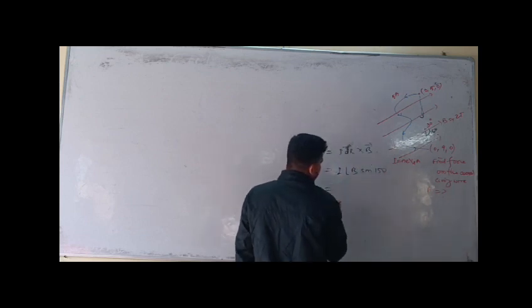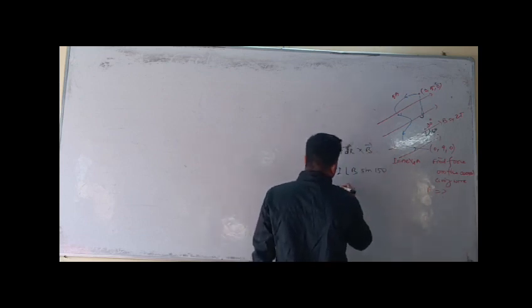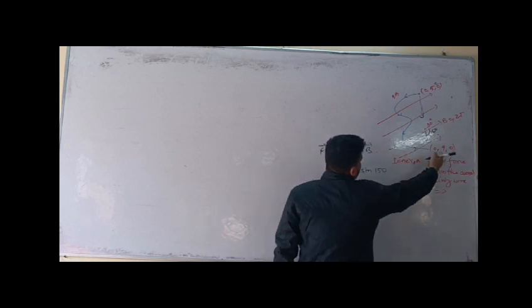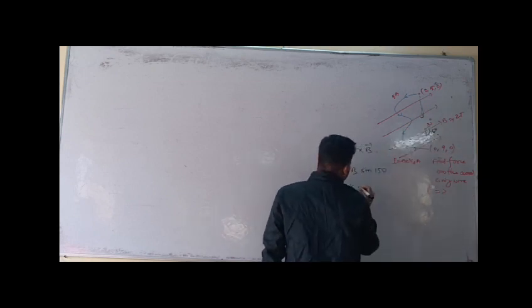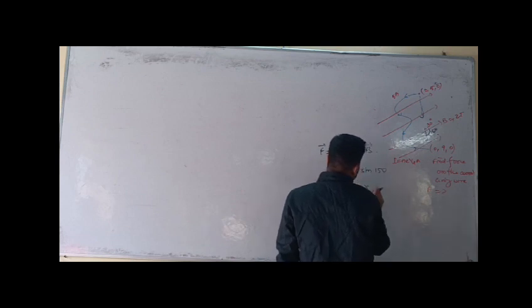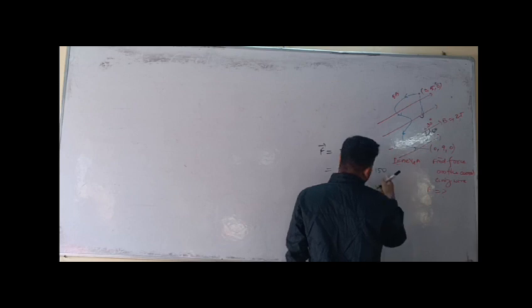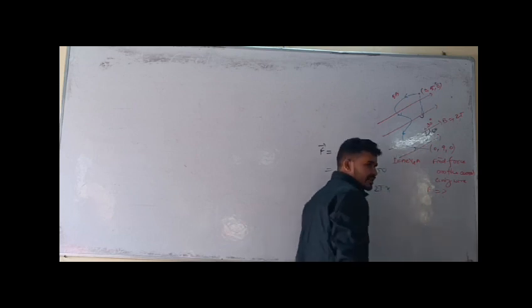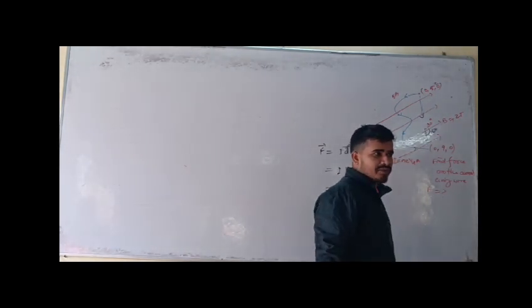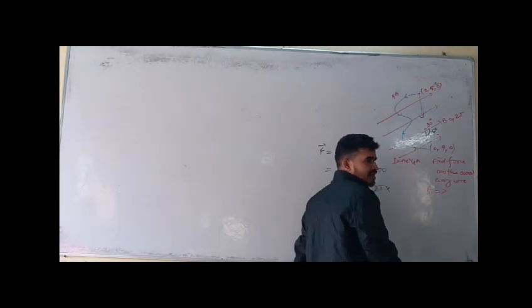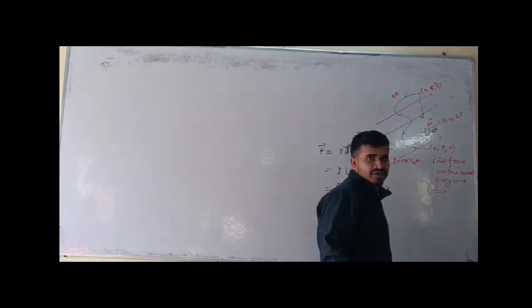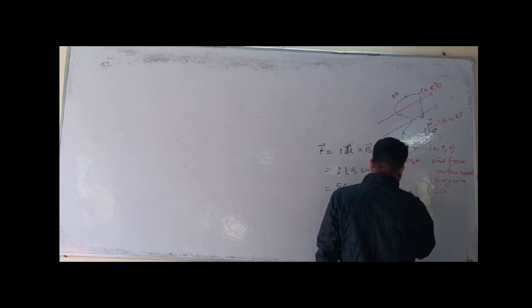What is I? 5 ampere. What is L? 9 minus 5, 4. What is B? 2 Tesla. What is sin 150? Sin (180 minus 30). 180 minus 30 means second quadrant, yes or no? Sin is positive. Sin 30.